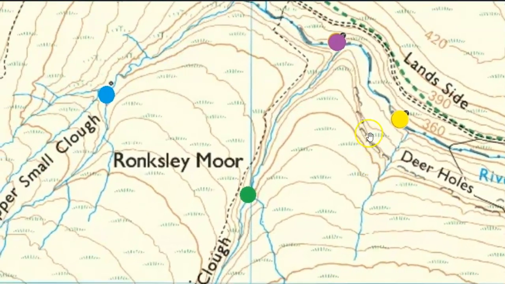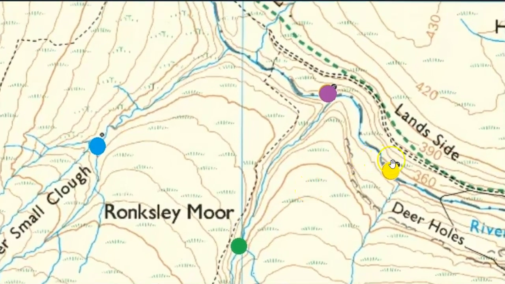At blue and green, notice that we don't have to go very far upstream until we cross a contour line. The blue is pretty much on a contour line, and then the next contour is there. Likewise, green is on the index contour, and we don't have to go very far upstream until we cross the next contour there. Compared with yellow, which is around about the 350 contour, but look how far upstream you have to go before the next contour crosses, way up here.